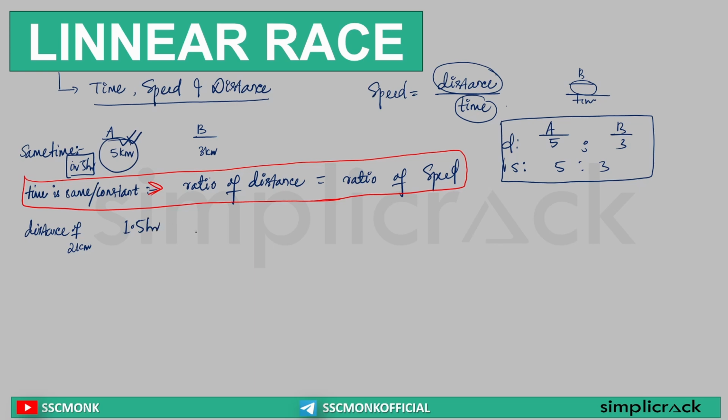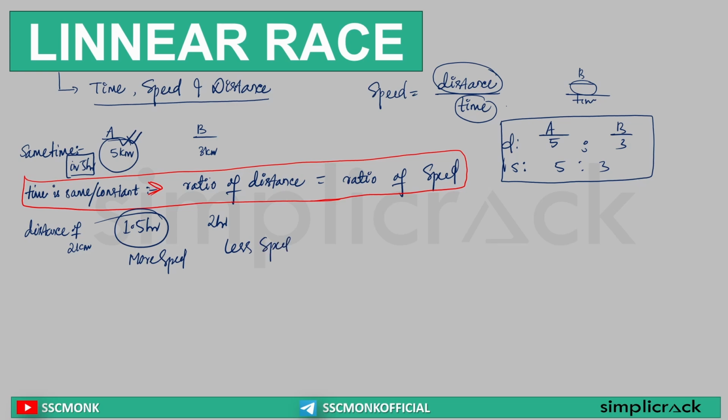B runs 2 kilometers in 2 hours. So who is running faster? Whoever takes less time. I am running 2 kilometers in 1 hour 30 minutes. You are running 2 kilometers in 2 hours. So who is faster? I am faster. So if distance is same or constant, whichever is taking less time, his speed will be more. Here more speed, here less speed. Yes or no? First thing clear.